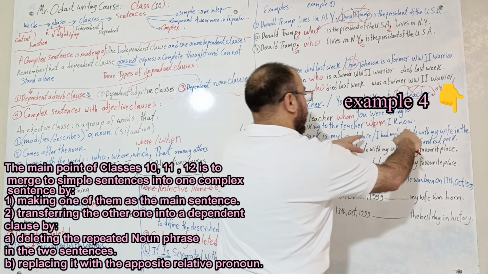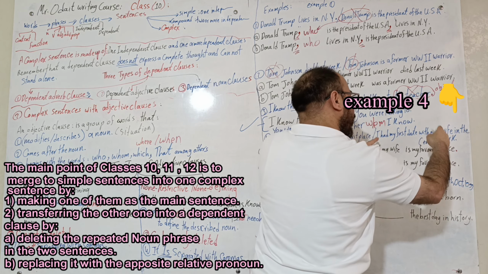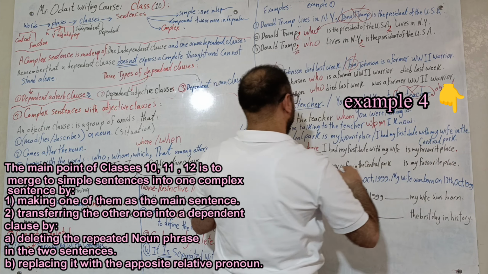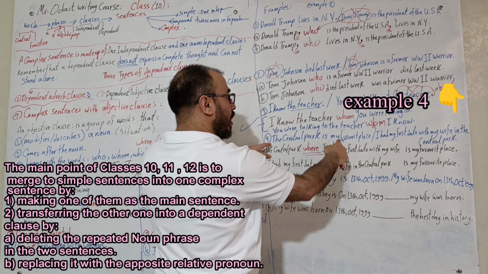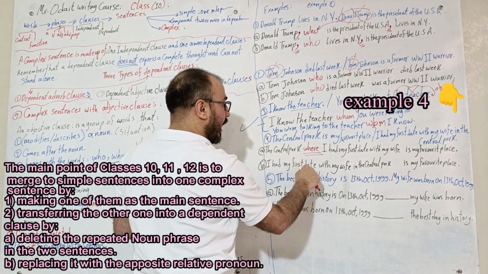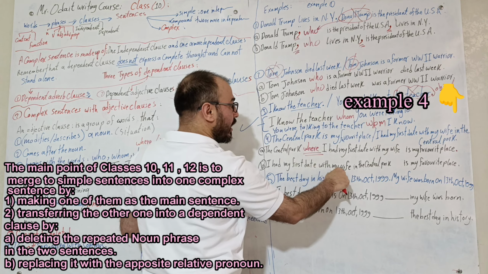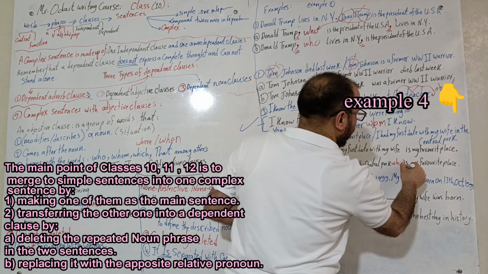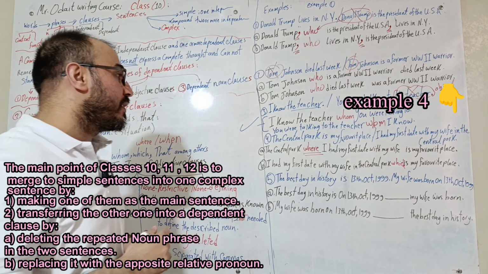The second option is to take the second simple sentence or the second dependent clause as the main sentence, and then I transfer the first one into an adjective dependent clause, and I say I had my first date with my wife in the Central Park. And here, my friends, I carry on here, which is my favorite place.